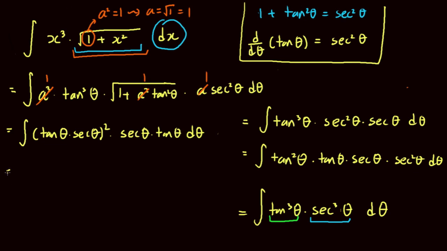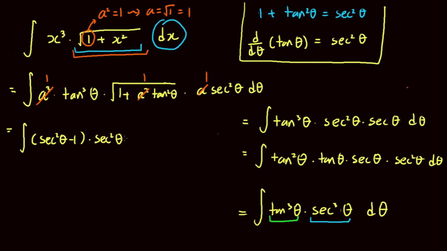What if I do this? What if I make it in terms of sec squared theta? So let me just rearrange this. I write it as sec squared theta minus 1 times sec squared theta, times tangent theta times sec theta with respect to theta.